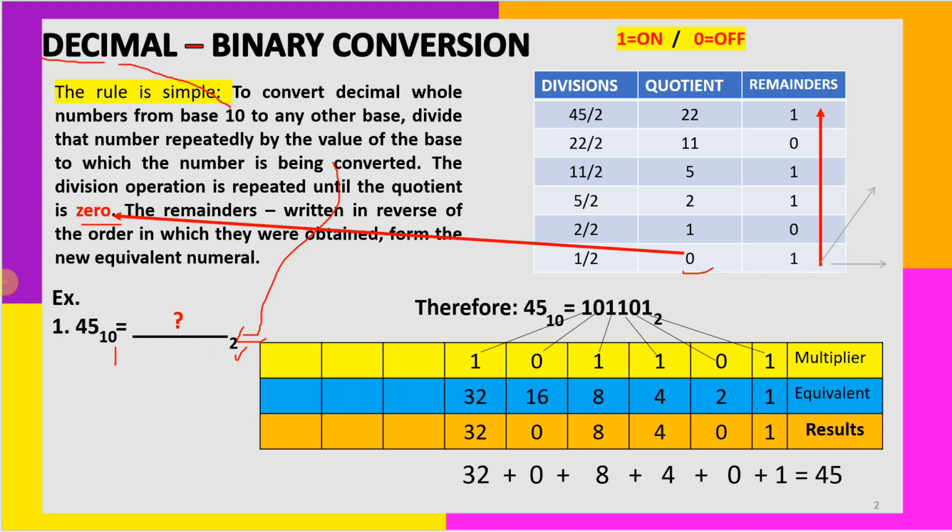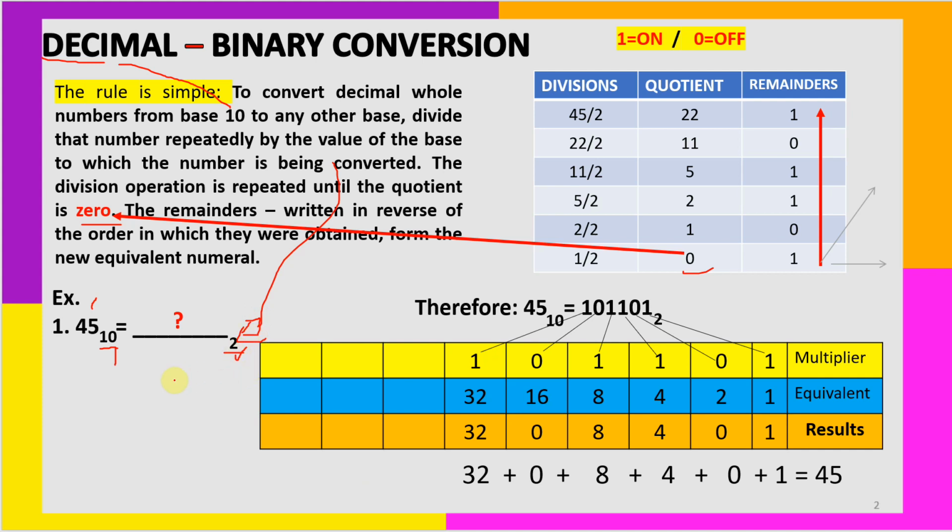Let us compute this first example. Example: 45 in decimal, which is to the base 10, what is the value in binary? These are the numbers we use as humans, and binary is the computer equivalent.